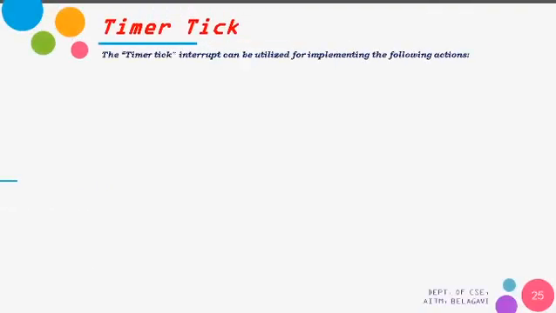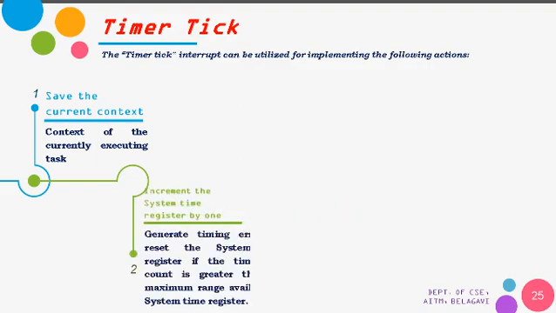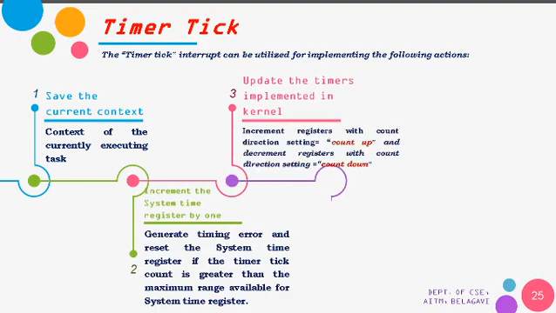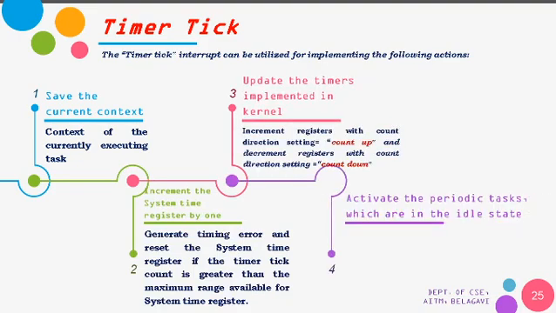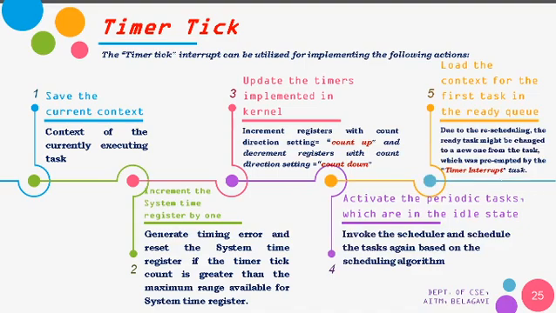The timer tick interrupt can be utilized for implementing the following actions. First, save the current context of the currently executing task, increment the system time register by 1, and generate a timing error and reset the system time register if the timer tick count is greater than the maximum range available for the system time register.